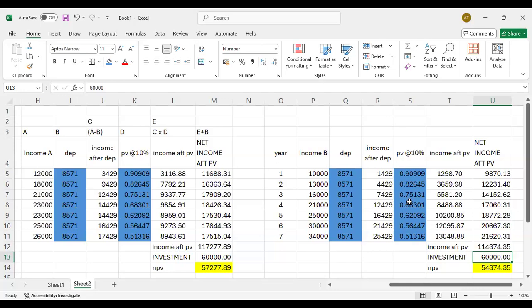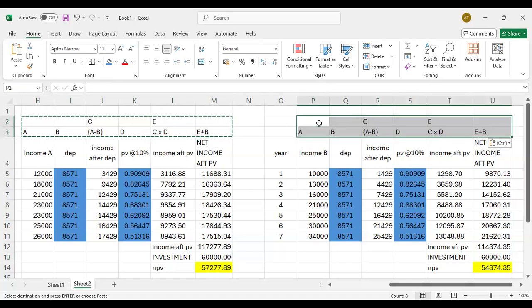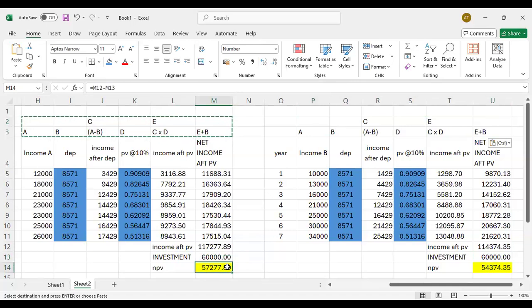So if I compare A with B, the calculation part remains the same. The investment return of A is more compared to B because I am getting 57,000 in project A and in project B I'm getting 54,000.